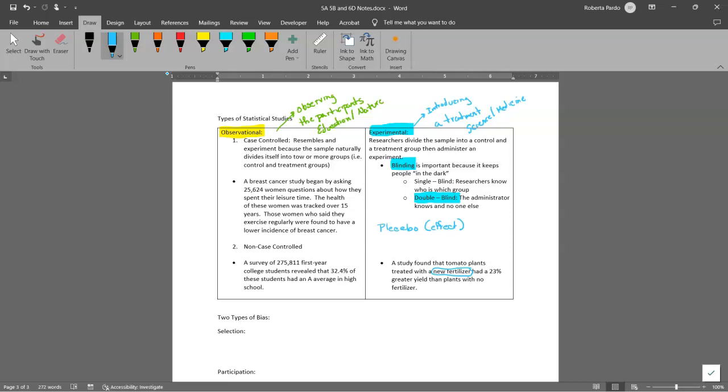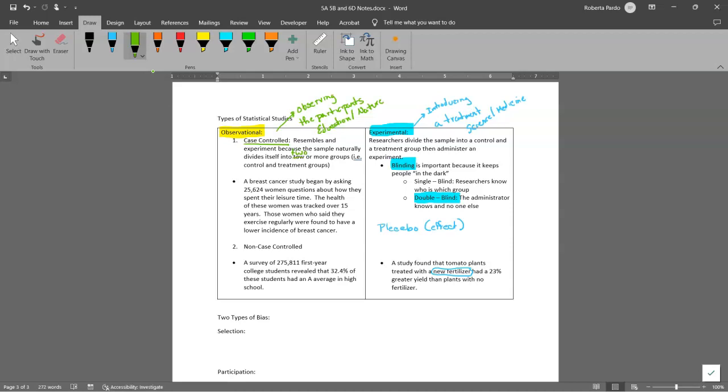And so in observational, remember, we're just observing. And so we have this thing called a case control situation. So it looks like an experiment, but because of moral or ethical reasons, you can't actually have people in a treatment group. So it just demonstrates that the groups naturally divide themselves into two or more groups.